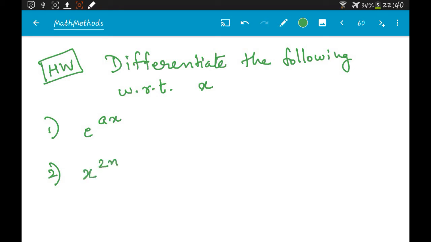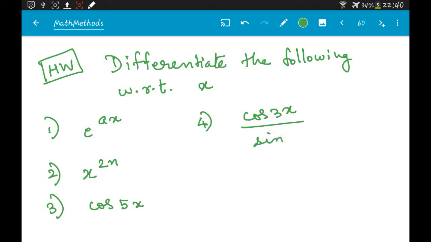2, x power 2n, 3, cos 5x, 4, cos 3x by sin x, 5, log of 2x.